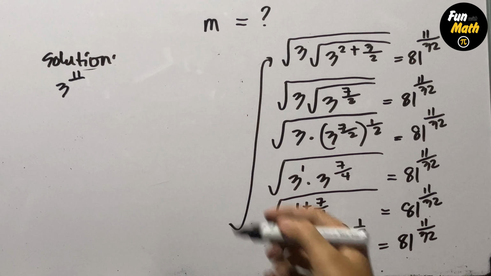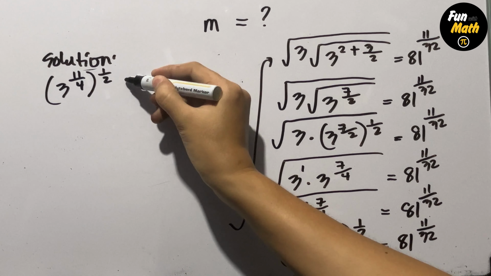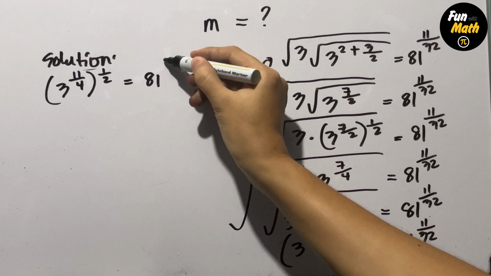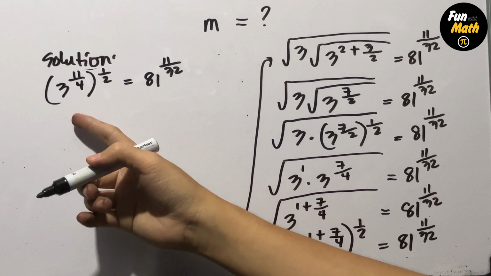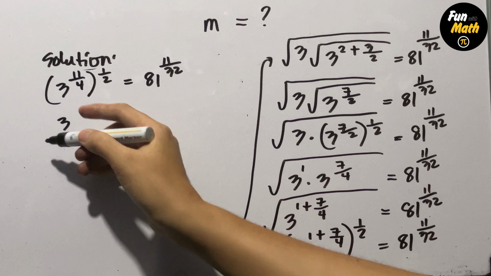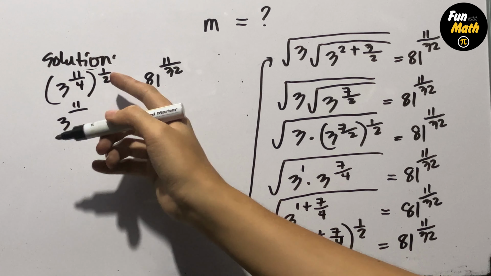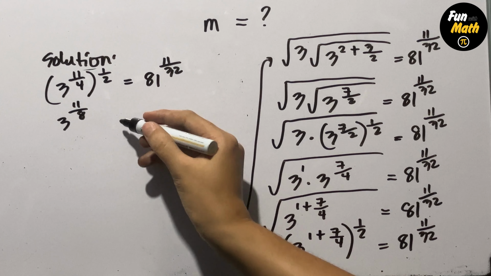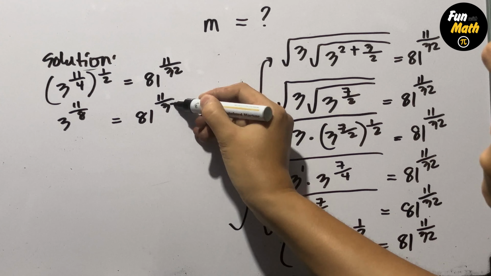Then copy the denominator, 4. Then whole to the power of 1 half equals 81 to the power of 11 over 32. For this, we can multiply power to a power. So this is now 3 to the power of 11 times 1, that is 11, over 4 times 2, that is 8, equals 81 to the power of 11 over 32.